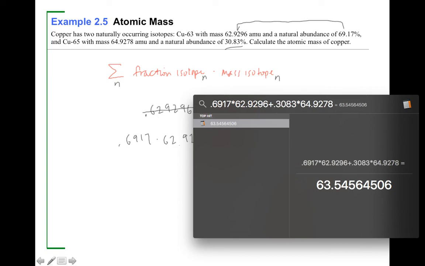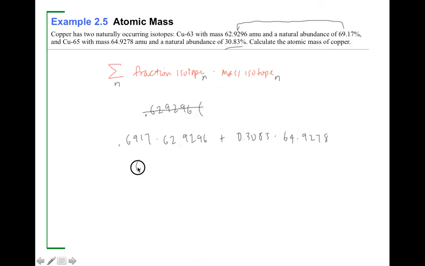Yeah. So it looks like the average mass is 63.545645 AMU. Calculate the atomic mass.